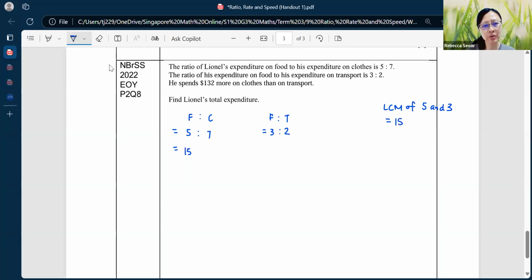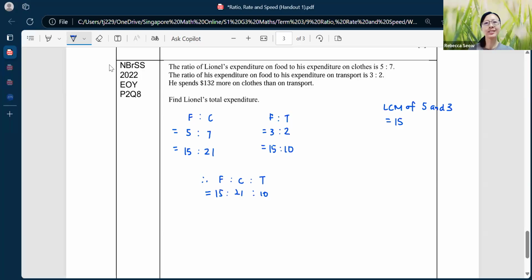So we need to change the quantity of food to be 15 and find equivalent ratios for both sets. So for the first set, we multiply by 3, and for the second set, we multiply by 5. And hence, food to clothes to transport is 15 to 21 to 10.